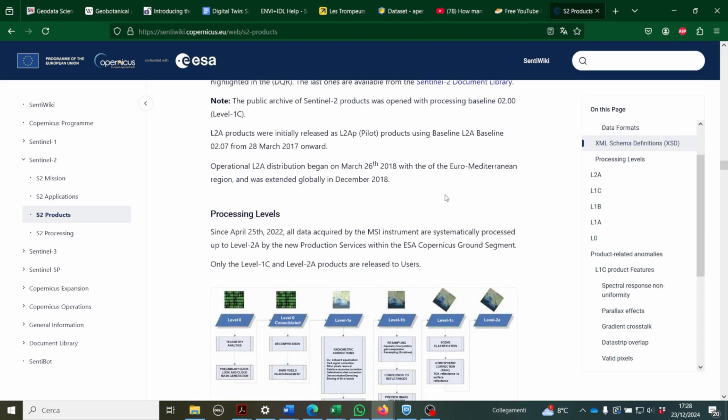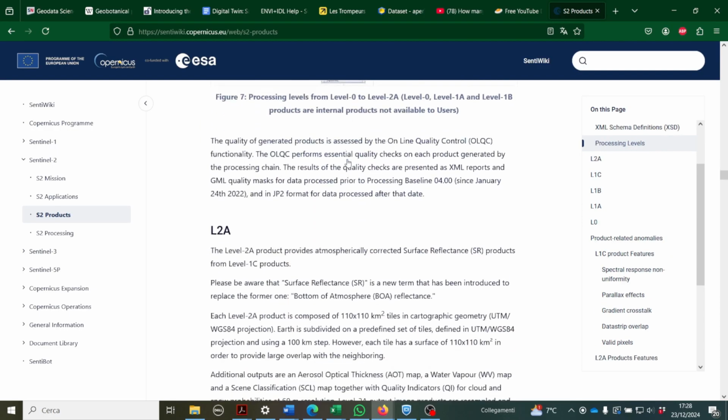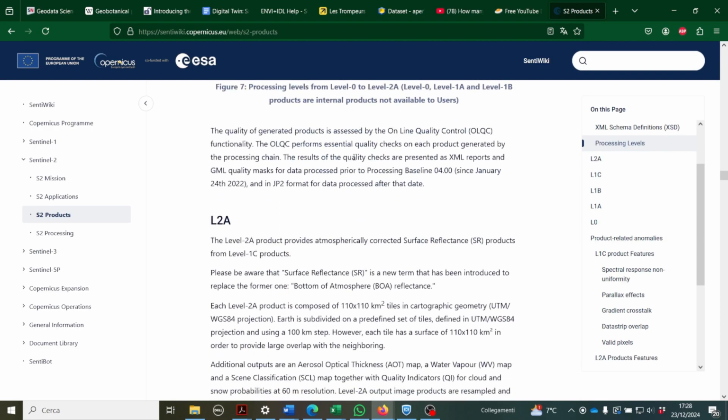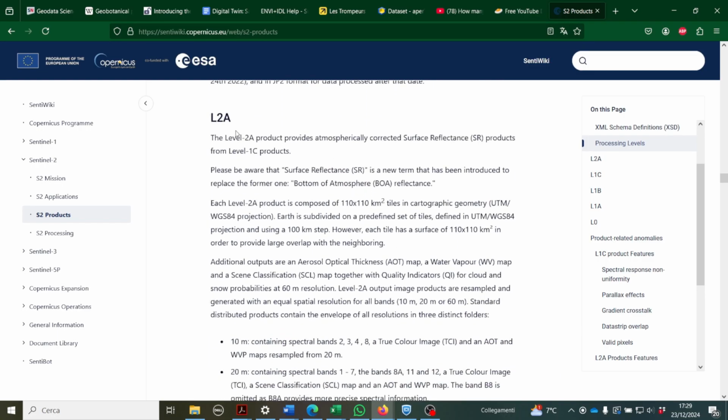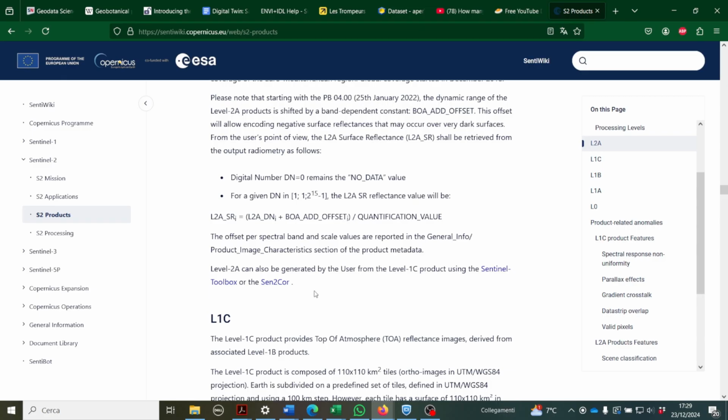Okay, lastly we have to briefly describe, and then of course you can go through these documents in more detail, the processing level. The processing level is very important because for users, Sentinel is deployed in two different processing levels, called level 2A and level 1C.